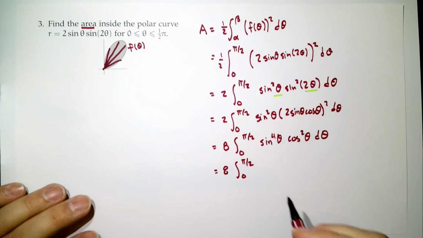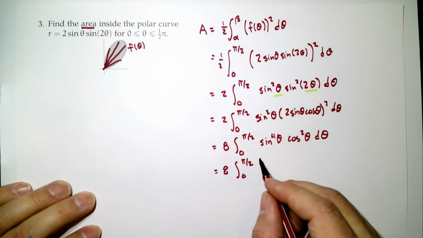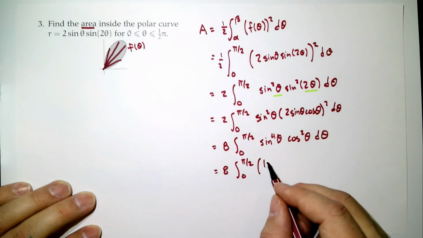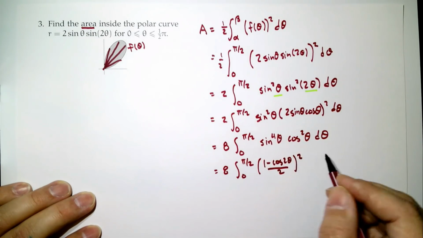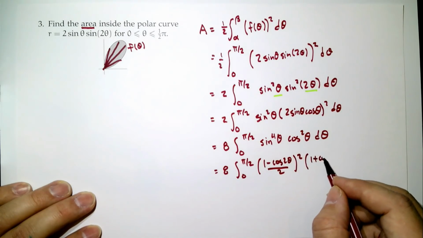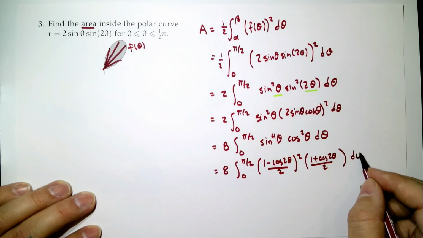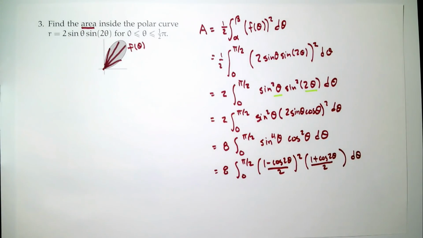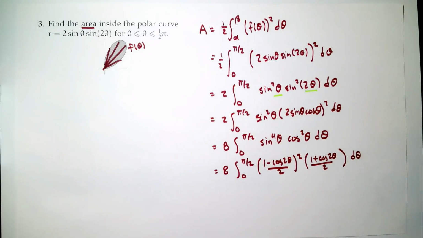Okay, so sine to the 4th, we can think of that as sine squared squared. So that's 1 minus cosine 2 theta over 2, squared. And then cosine squared is 1 plus cosine 2 theta, all over 2. Kind of regret now going from sine 2 theta to sine theta.